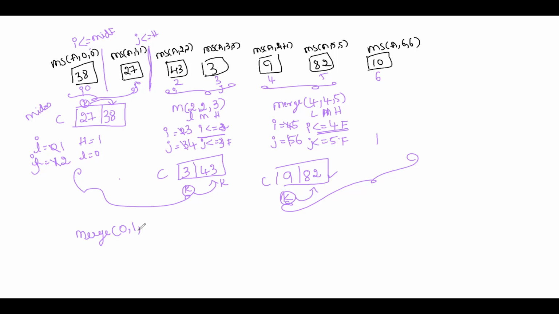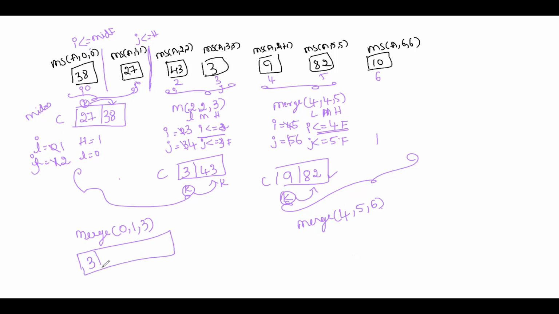The mid is going to be 1. And the higher value is nothing but 3. Similarly here, merge with the lower value 4, mid value 5, and the upper value 6 is going to happen.